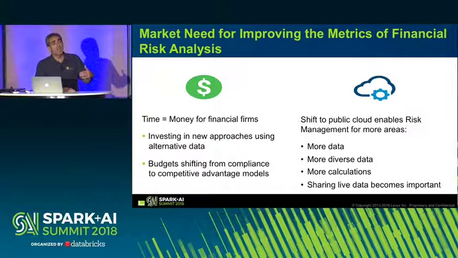You have a lot of diverse and sophisticated calculation in order to do the risk analysis. And that actually makes cloud a perfect platform, because you have a lot more flexibility in the type of data that you're accessing, the type of computation, and the size of it.